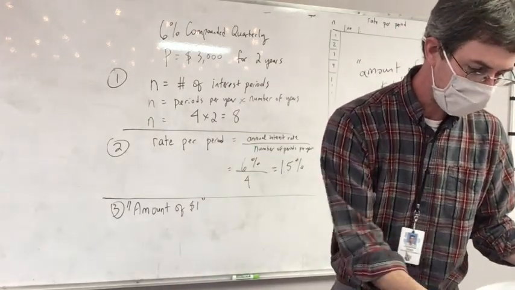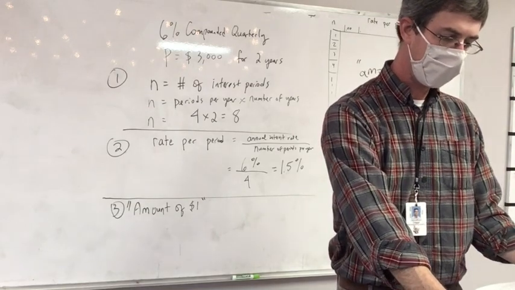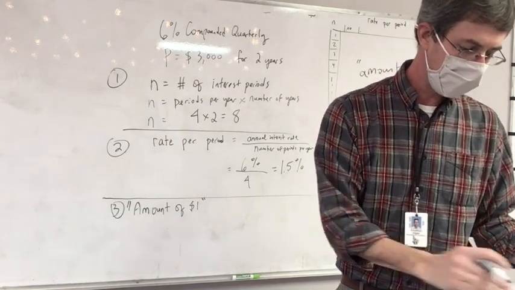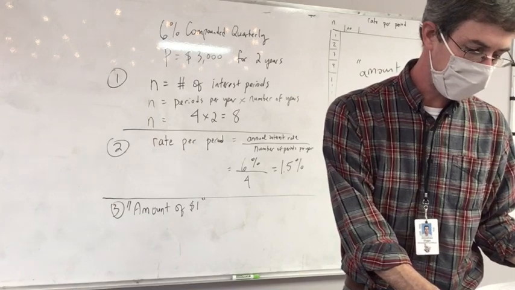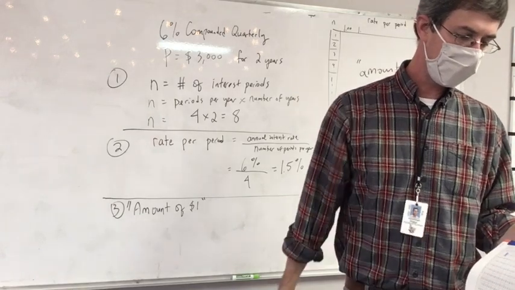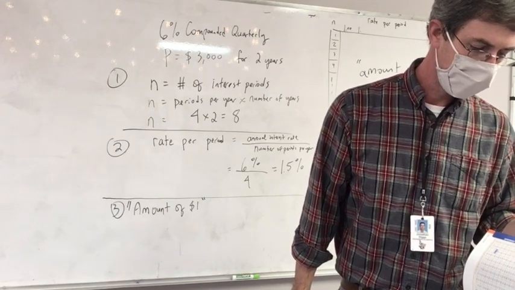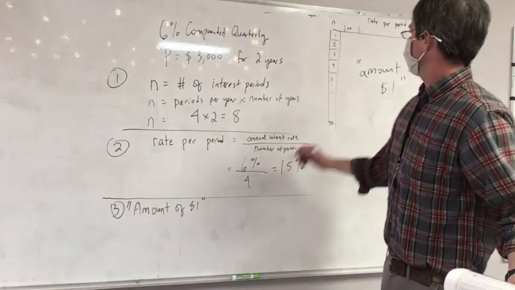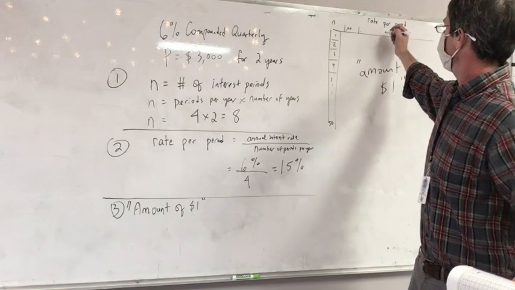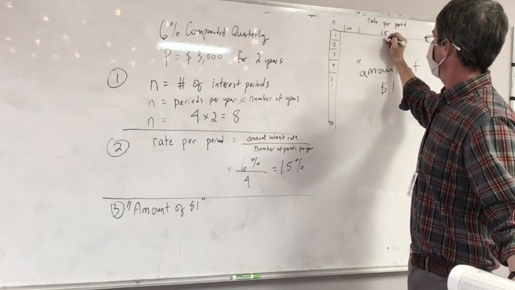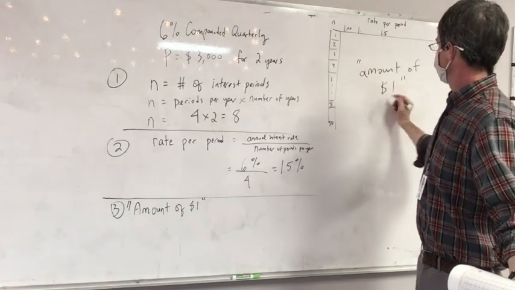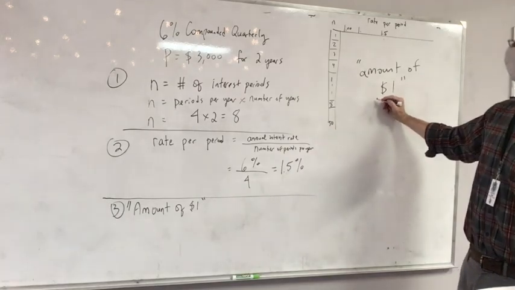And when I look in the table, I need to find the 1.5% column and the period column for a period of 8. And what number did you guys get? What number do you see? 1.12649. All right, so they found over here, it's 1.5 all the way down to 8.